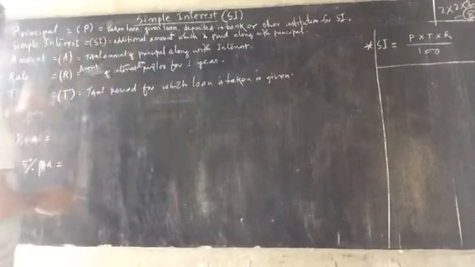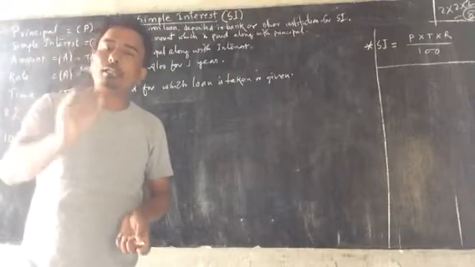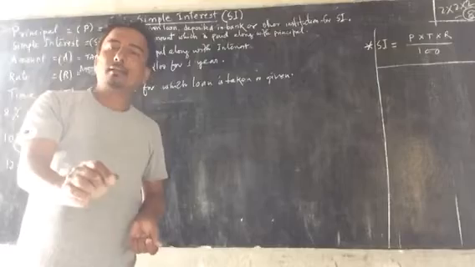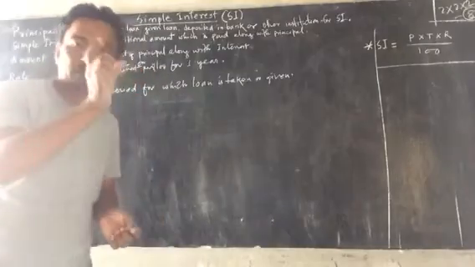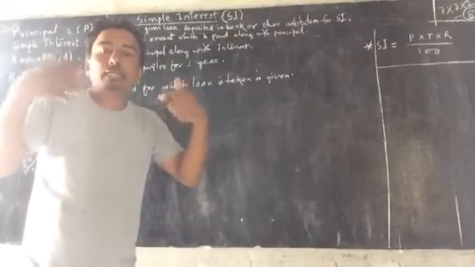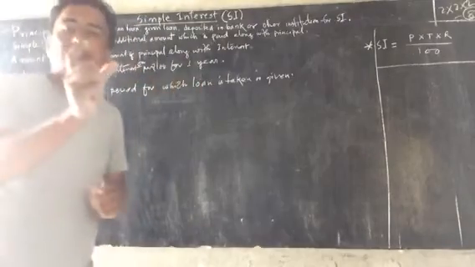Another is rate. Rate is very, very important. You can say rate is the most important thing in the case of simple interest. If you are not clear about the rate, then you cannot solve any problem of simple interest.